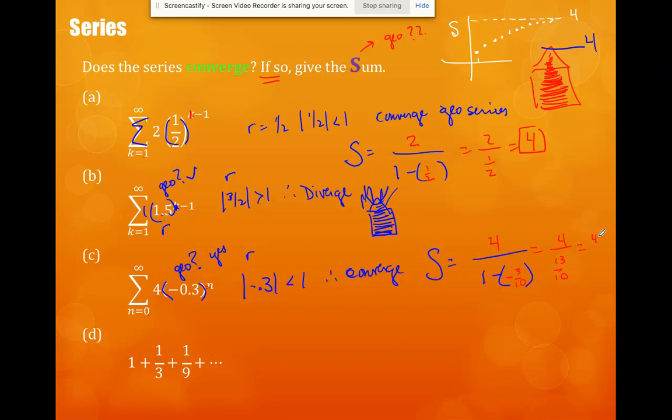So what is that, 40 over 13? That's the top of my house.